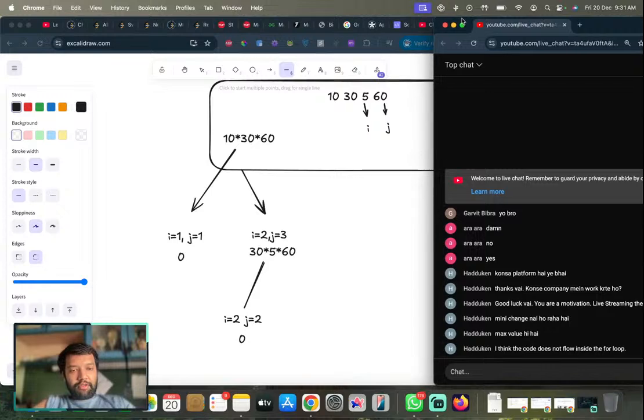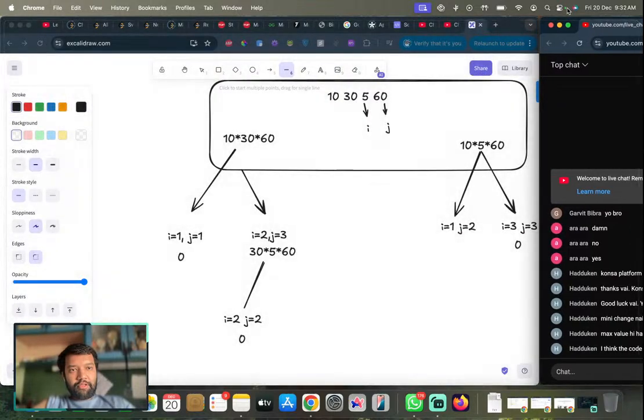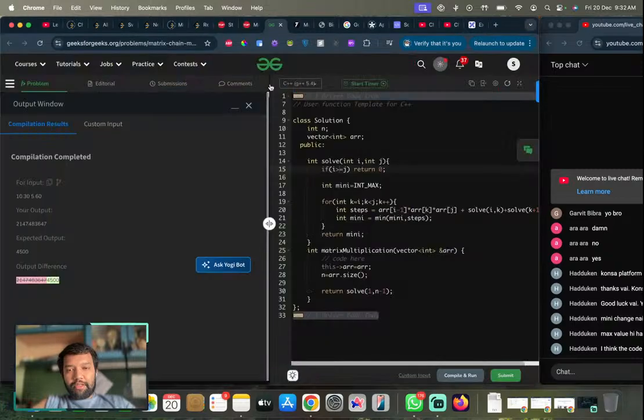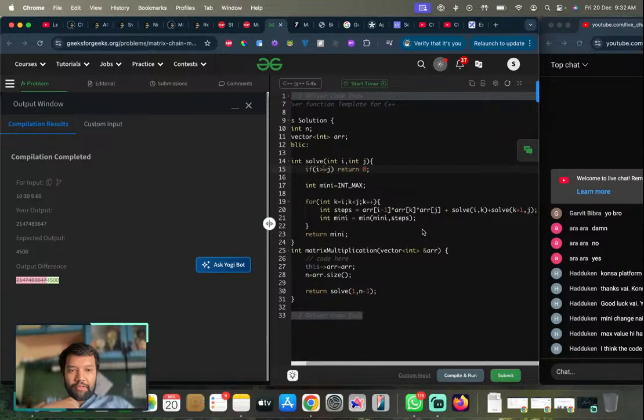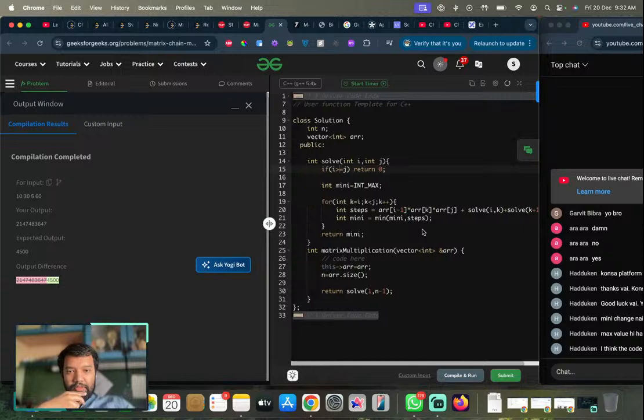I think the code does not flow inside the for loop. What do you mean by that? It does, like it's inside the for loop. Okay.